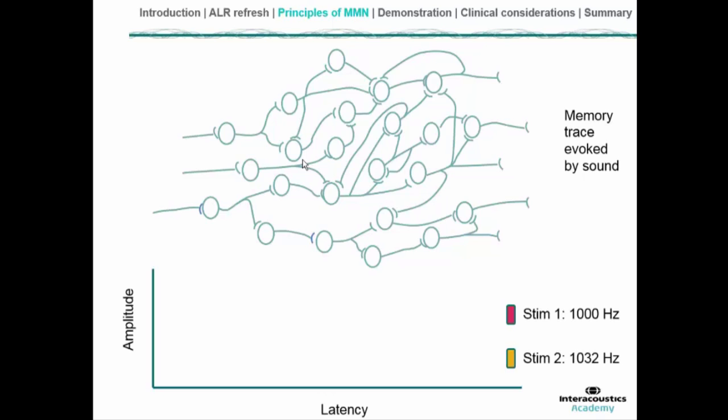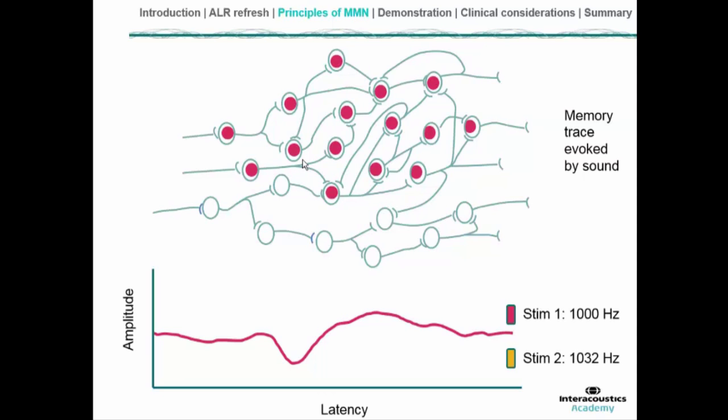So, for instance, what I'm displaying here with the red symbols is the memory trace that's evoked when we hear a sound to the 1000 Hz stimulus. Now, we're not in the oddball paradigm.